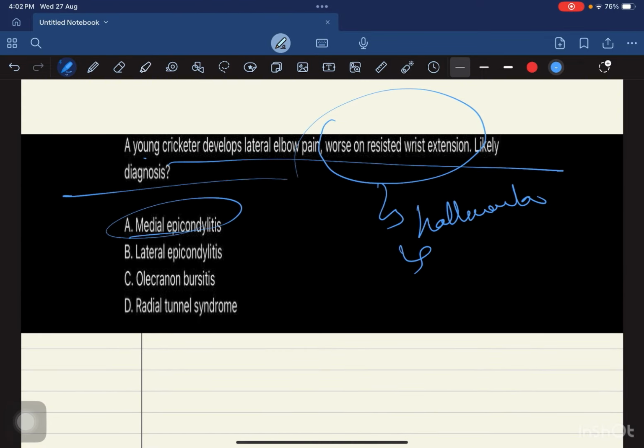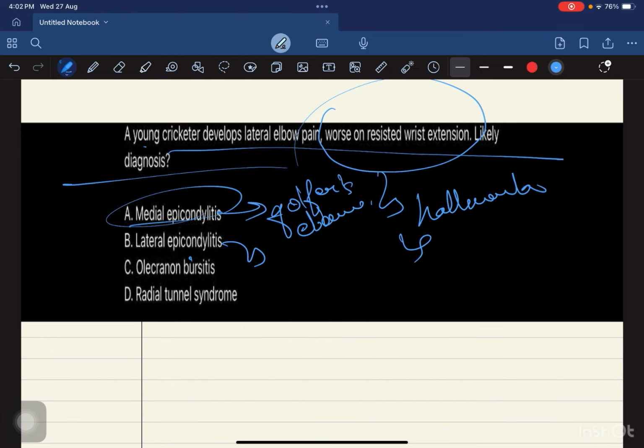Now the medial one is also known as golfer's elbow. And lateral epicondylitis is also known as tennis elbow.